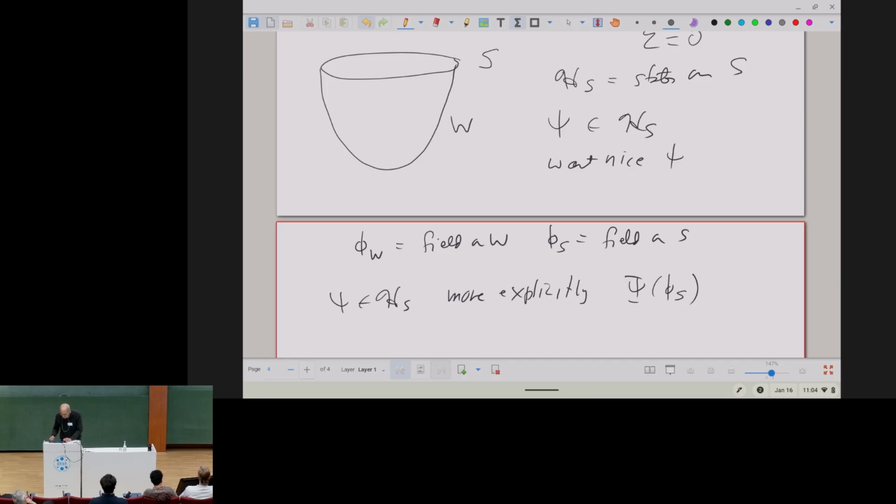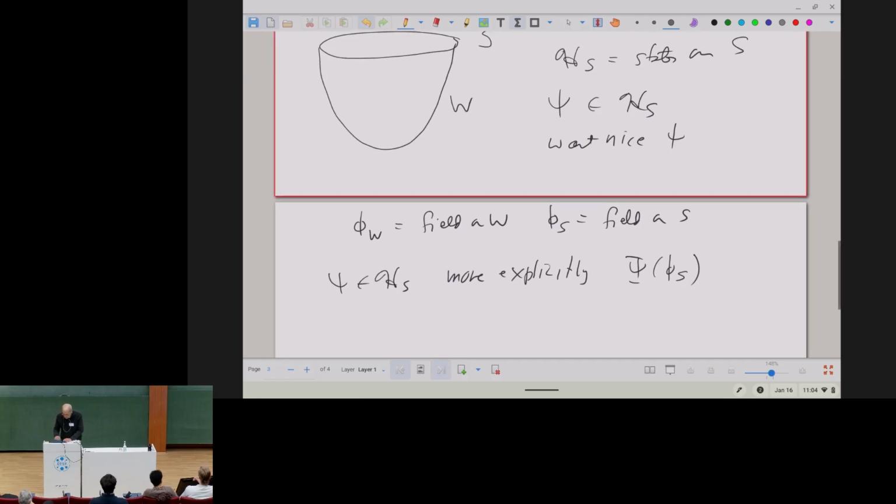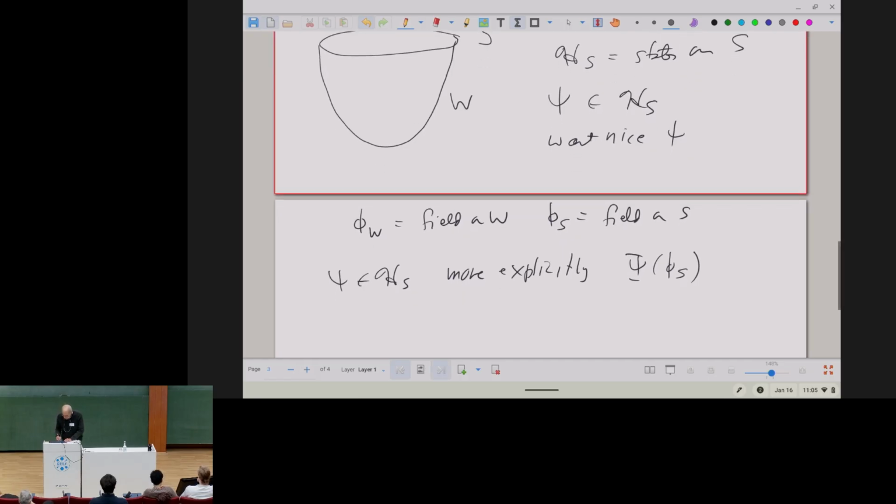And a standard way to do it in this setup is to define that psi of phi S is a path integral over all fields on W with the boundary condition that phi W restricted to S is phi S times e to the minus action. In other words, we do a path integral on W as a function of the fields on S. And that gives us a function of the fields on S, which is a state.